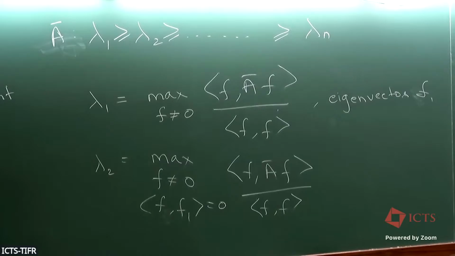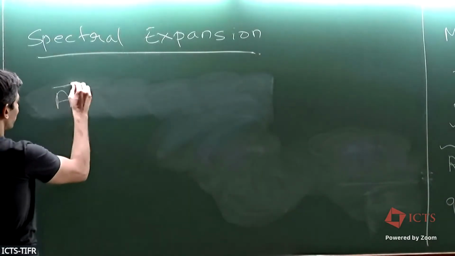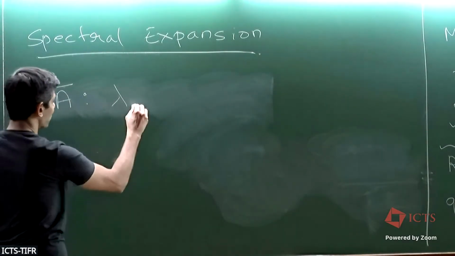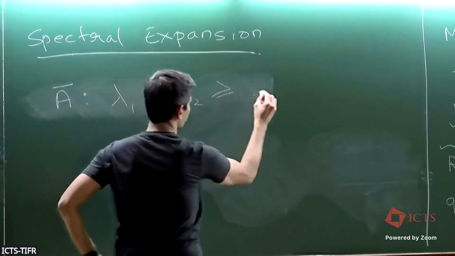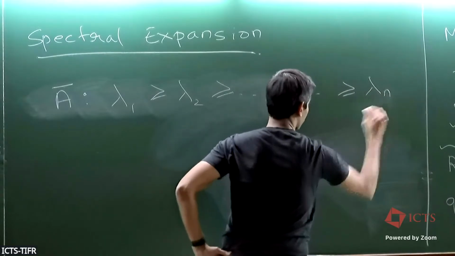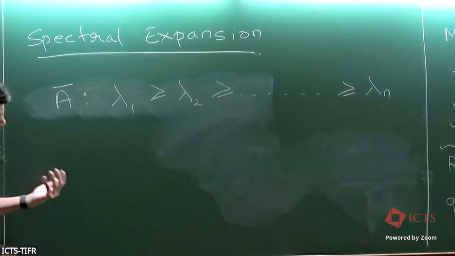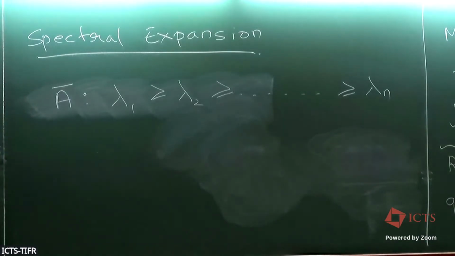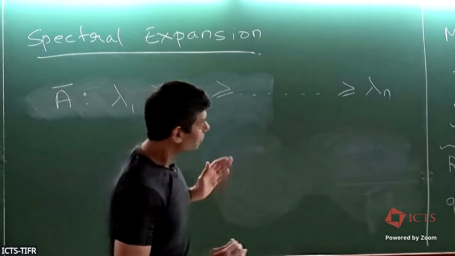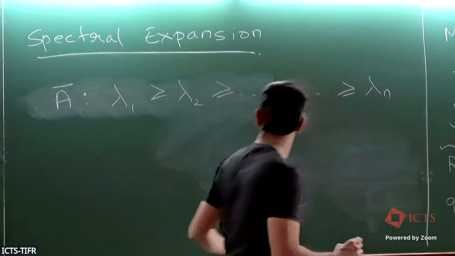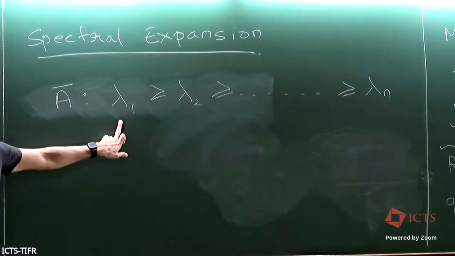There are actually two ways, or two definitions, depending on how strong you need the spectral expansion to be. But let's look at this matrix A bar. Let's write down its eigenvalues lambda 1, lambda 2. I claim for the way we defined it, lambda 1 is easy to calculate.